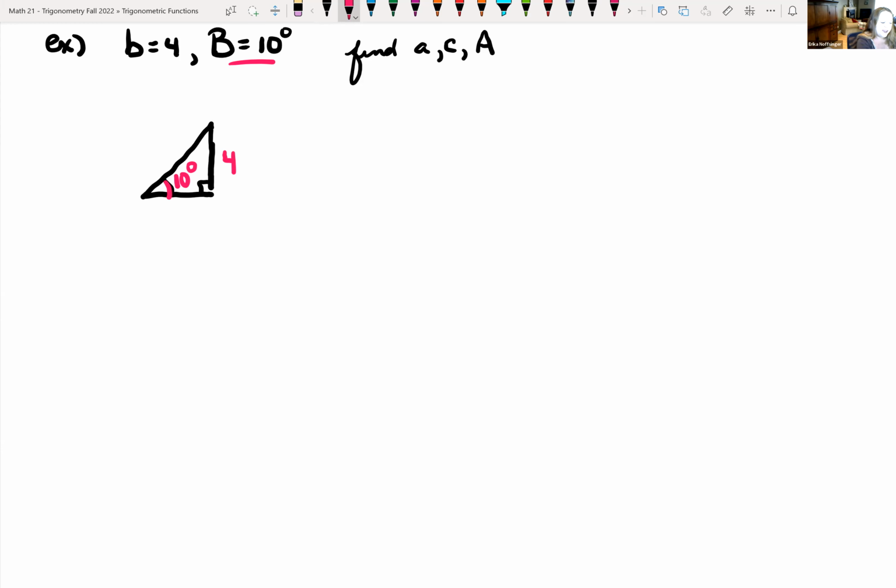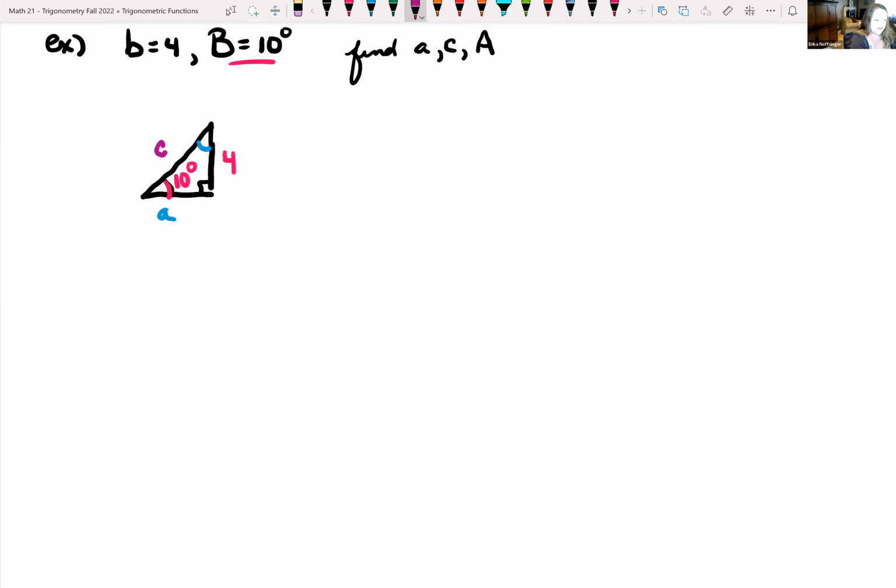We want to find side A, angle A, and side C. We know that angle A plus angle B has to sum to 90 degrees because this is a right triangle, and the sum of all the angles in a triangle equals 180 degrees.